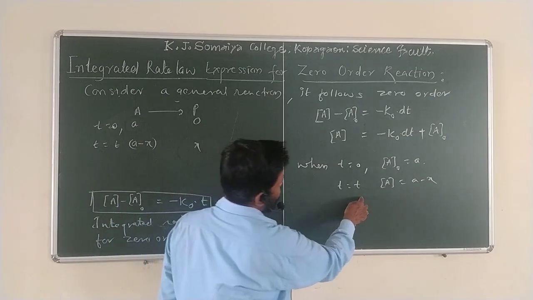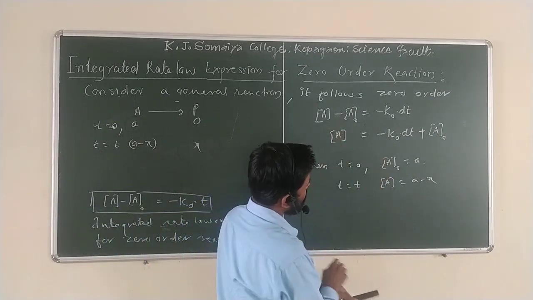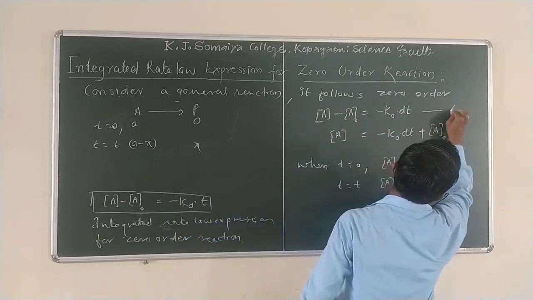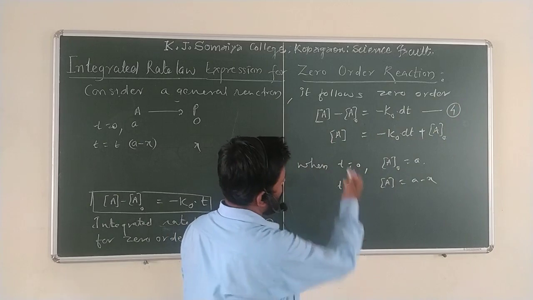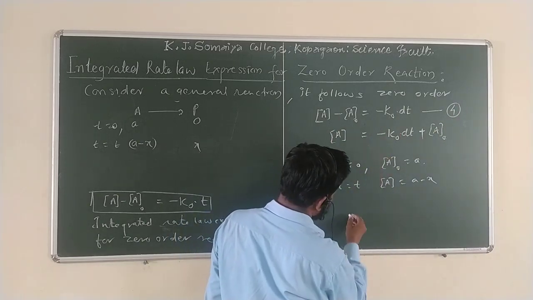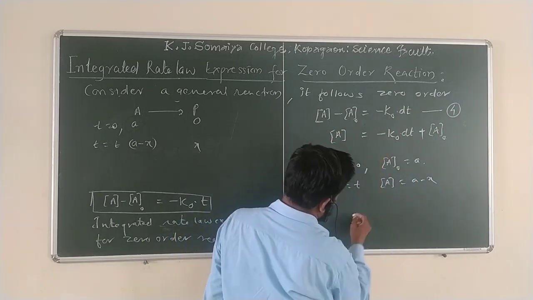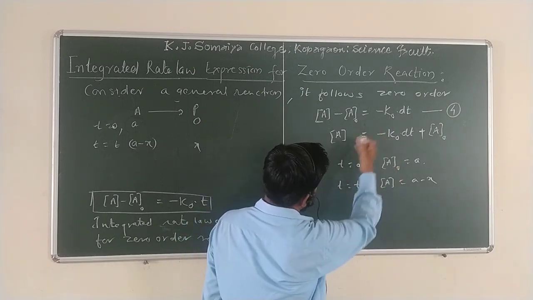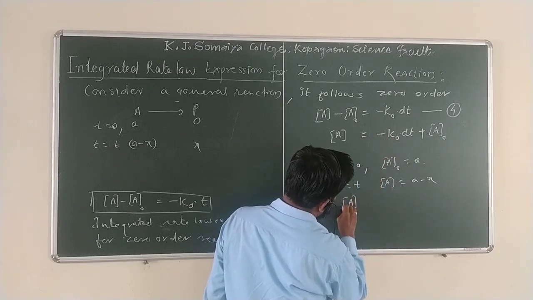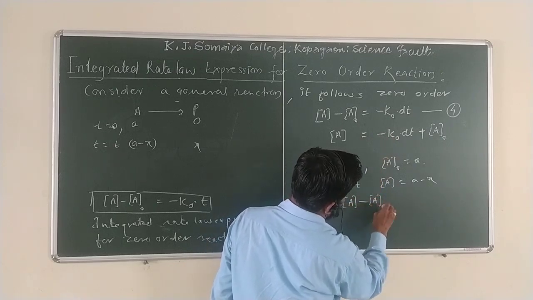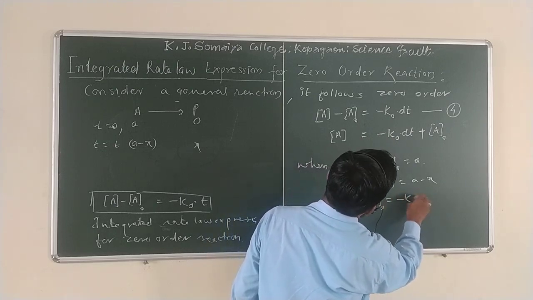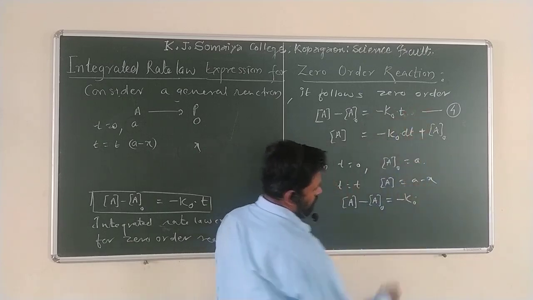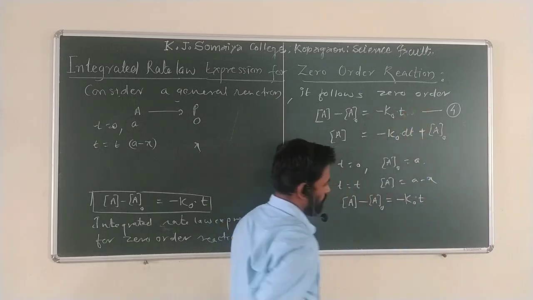So we put these into the equation. After rearranging, we call this equation number 4. First we write the rate constant: minus dA by dt equals K0, so minus A equals minus K0 t, sorry, it will become t.